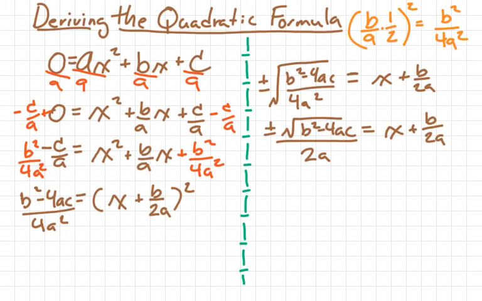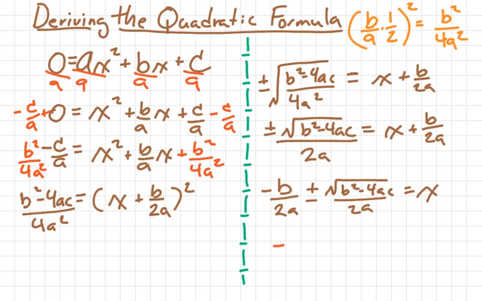Okay, I only need one more step to isolate x. And I'm going to subtract b over 2a from both sides. Negative b over 2a plus or minus the square root of b squared minus 4ac all over 2a is equivalent to x. And this is more commonly written by combining the terms.